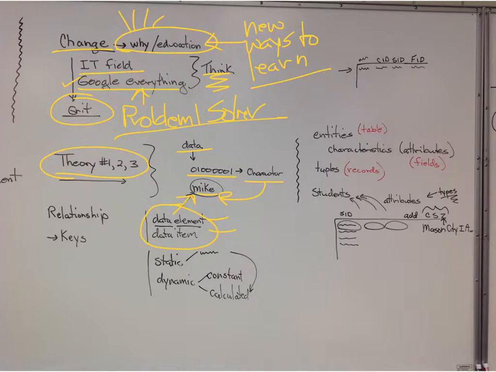And that might describe something like a student, and that could be an attribute about students, first name. Talk about static data, data that doesn't typically change much, and dynamic data, data that changes often, or you can have a calculation.